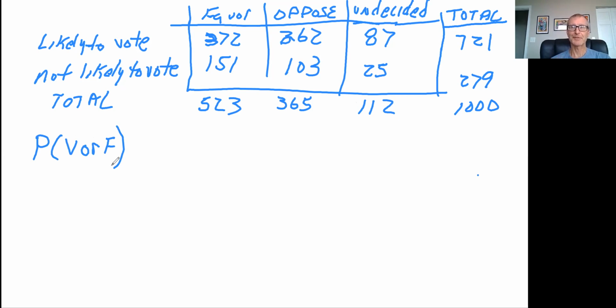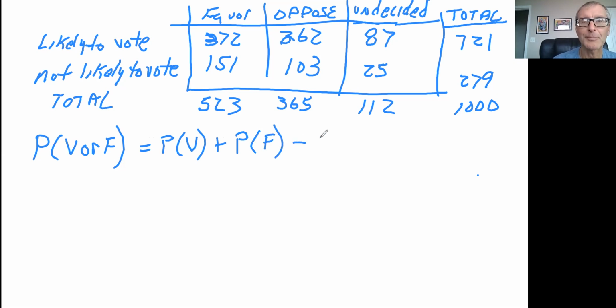So this is the addition rule, right? That would be the probability of favor or voting, plus the probability of favor, minus the probability of voting and favor, which is the overlap.